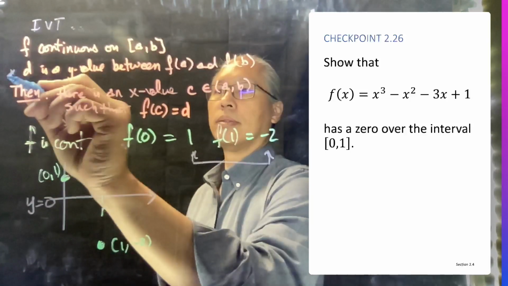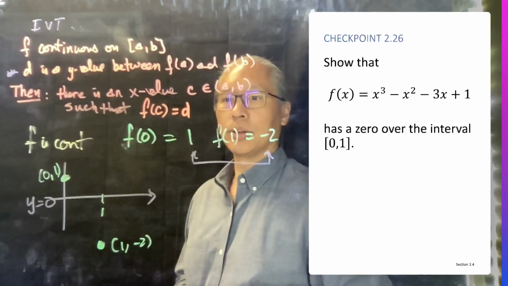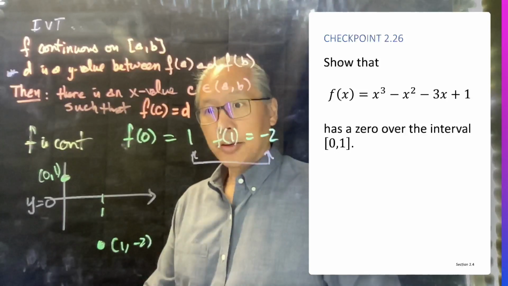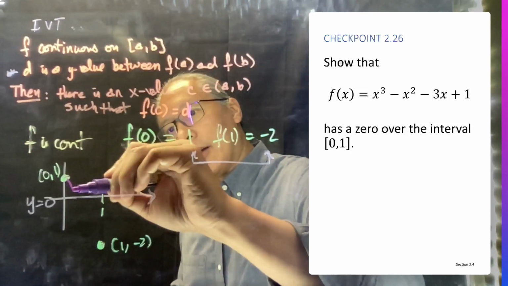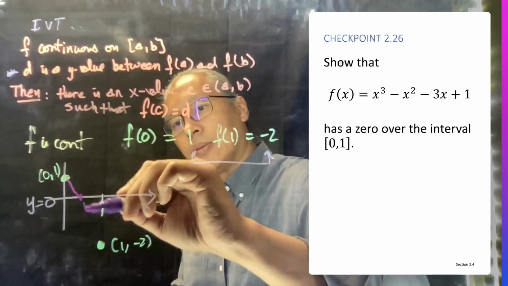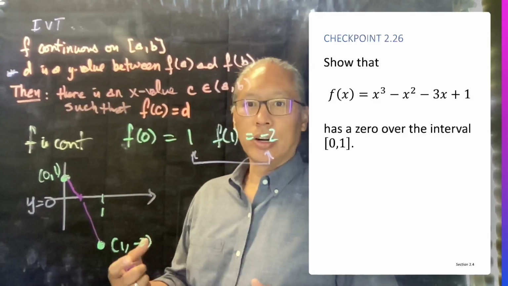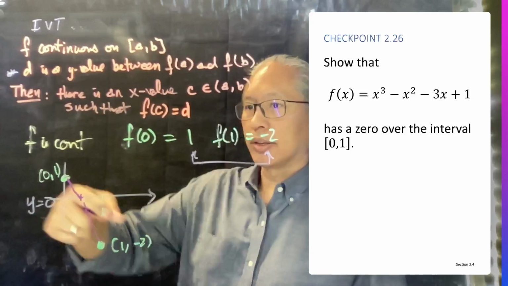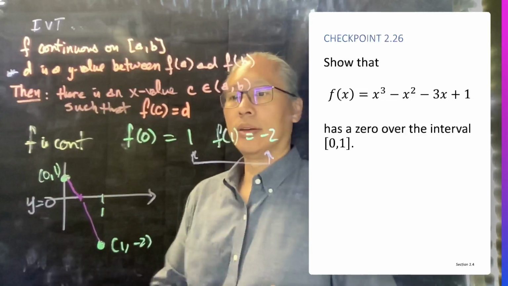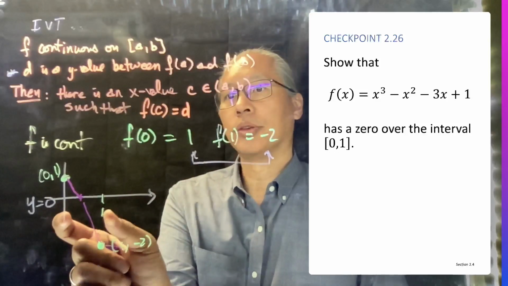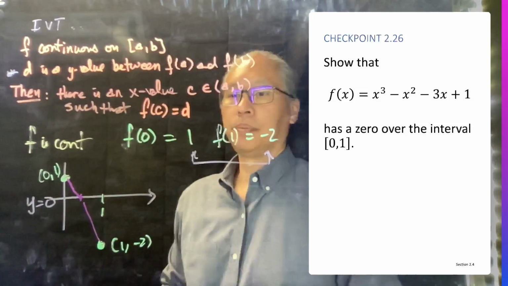Then, since it's continuous, your graph will necessarily have to pass through the x-axis somewhere. You'll have to pass through this y value at some point within this interval from 0 to 1.